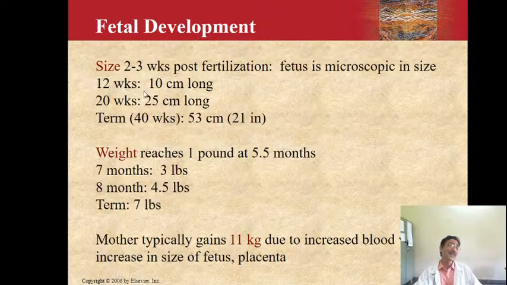Similarly, at 12 weeks you may find the length of the fetus is 10 centimeters, but when you do another scan at the end of 20 weeks, you may find the length is less than 25 centimeters, or just around term it may be less than 53 centimeters. Any growth of the fetus which does not correspond to the standard values means there is a slowing down in growth, and development is not taking place on expected lines.